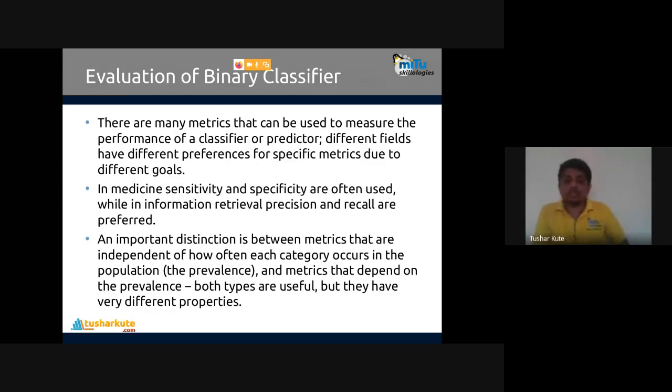Different fields prefer specific metrics due to different goals. In general, we use two measures called sensitivity and specificity. These two measures are used to evaluate a classifier.